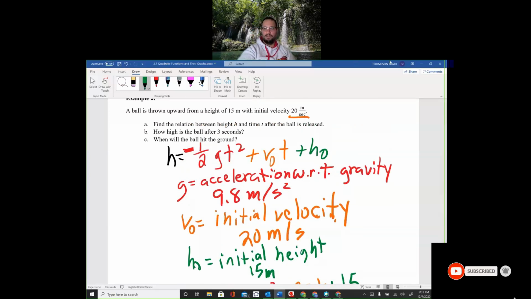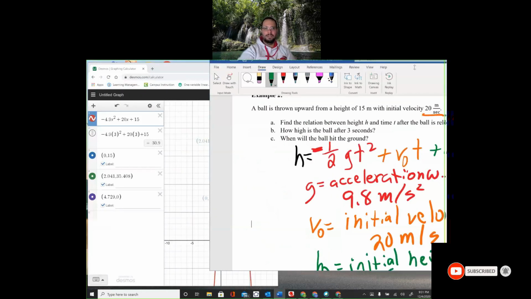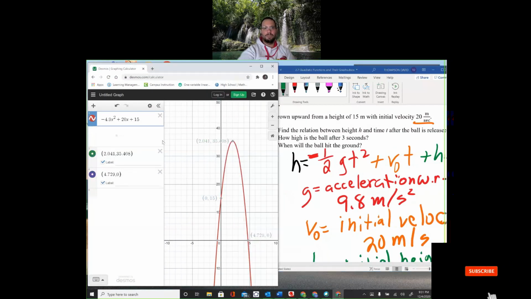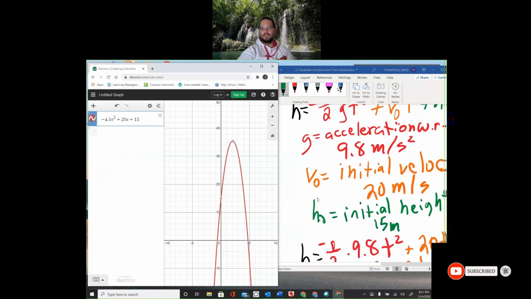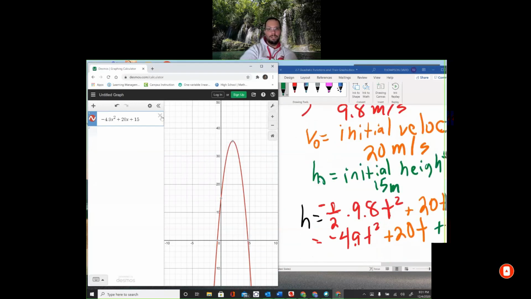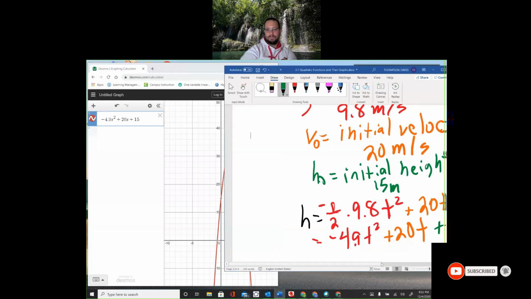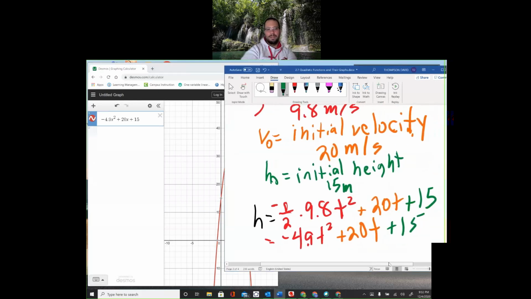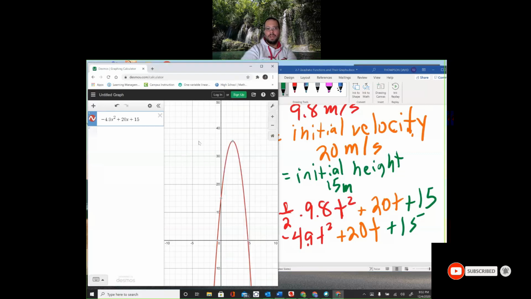So let's just start from the beginning with this. In our equation, we'll enter negative 4.9, and instead of t, we'll enter x, squared, plus 20x plus 15. So the first thing we notice, we have an x-intercept. Looks like negative 0.647, comma 0.